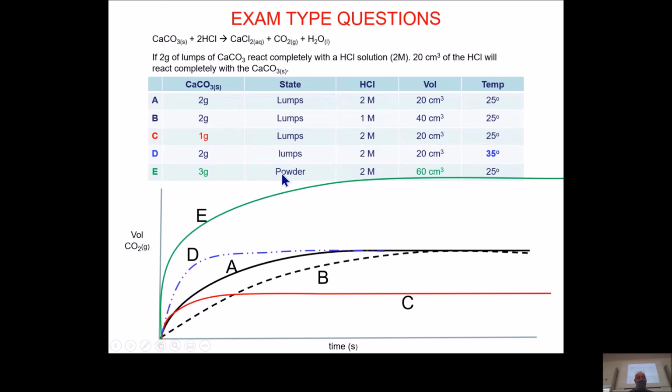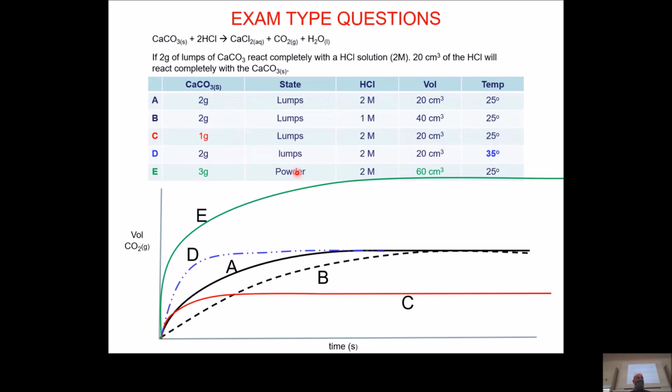Why is it so fast? Powder. That's not volume. That's the surface area of the solid. It doesn't affect the rate, but it affects how high it goes. Yeah, it affects how high it goes. But the powder affects the rate.